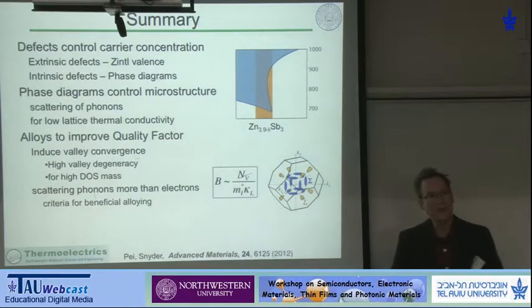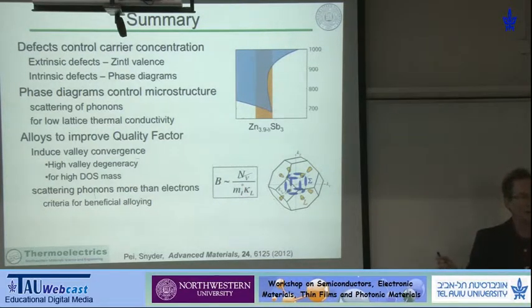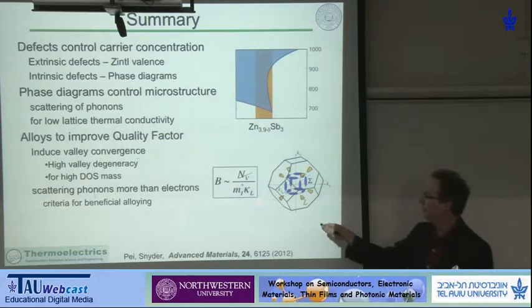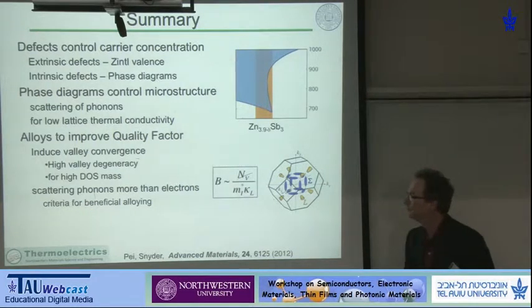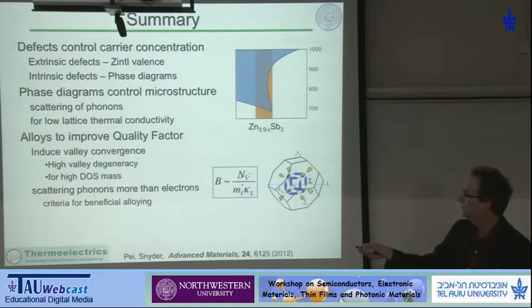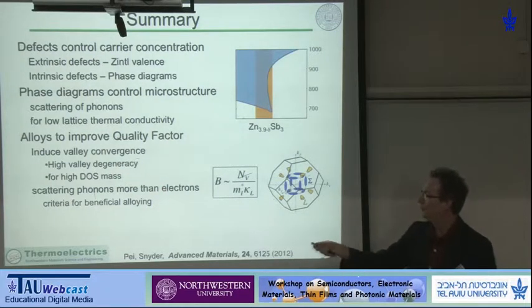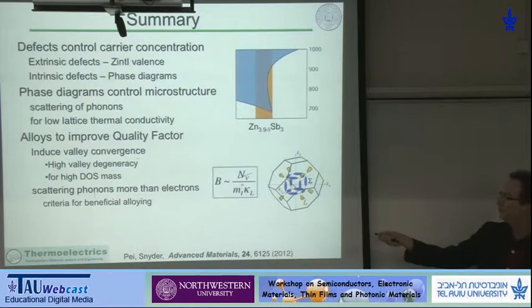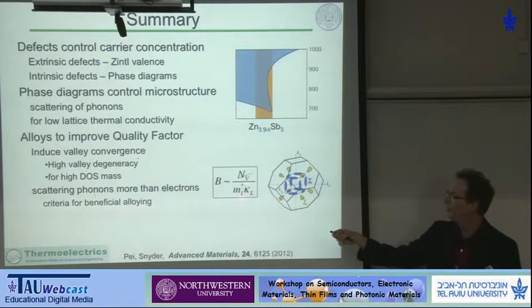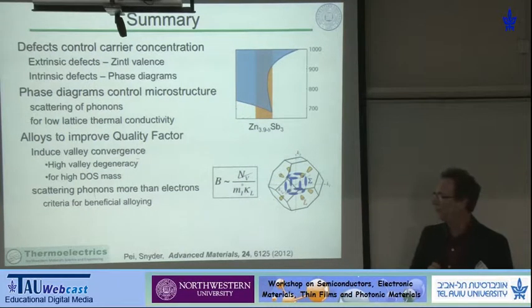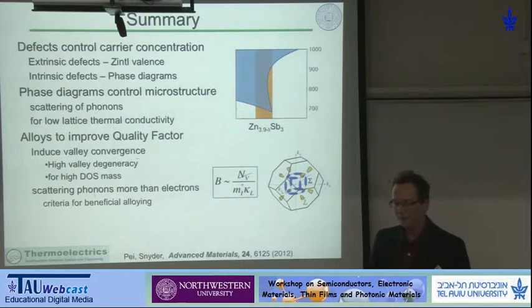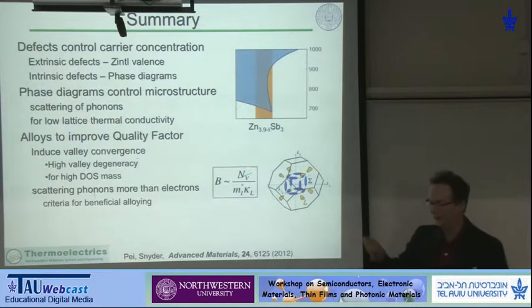We need a light mass for good conduction, and then we need this low lattice thermal conductivity. And in the end, if we're going to do something that scatters the phonons for low lattice thermal conductivity, we need to make sure that we don't disrupt the mobility, and so we need to balance that with this quality factor.